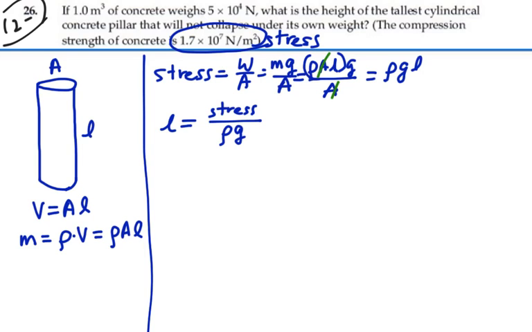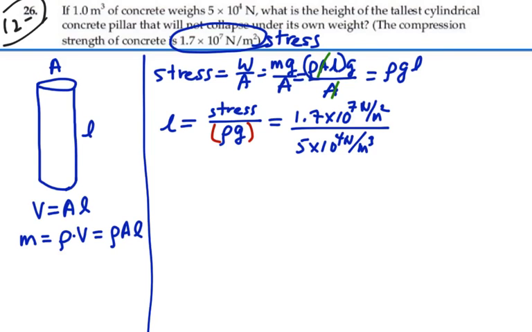Now the density times g is the mass times g per volume, or it's the weight per volume, and the weight per volume is 5 times 10 to the 4 newtons per cubic meter. So this is going to be equal to the compression stress, 1.7 times 10 to the 7 newtons per meter squared, over the weight per volume, which is 5 times 10 to the 4 newtons per cubic meter.